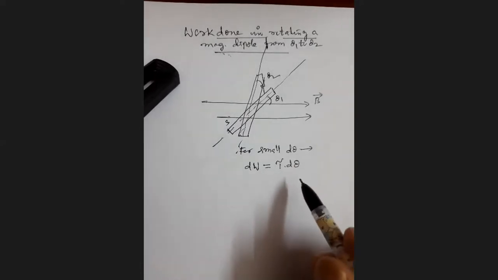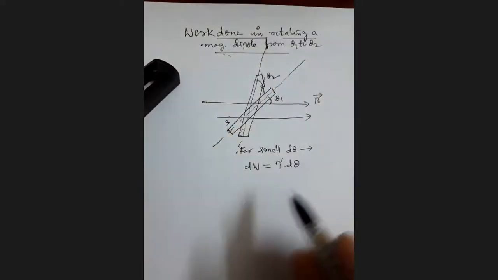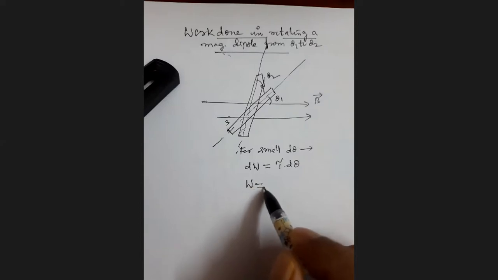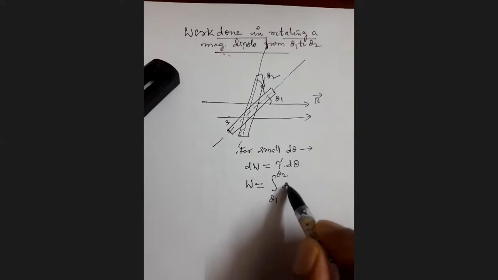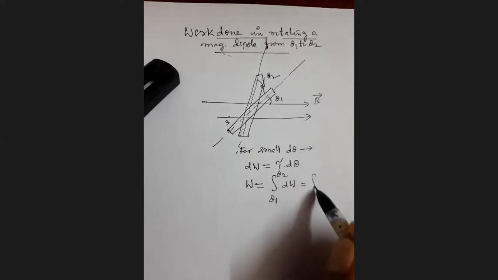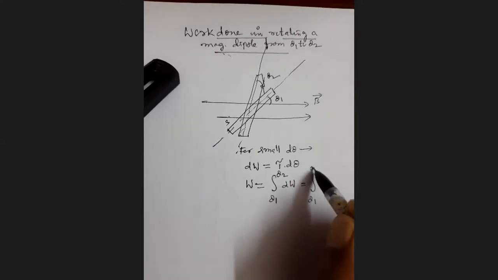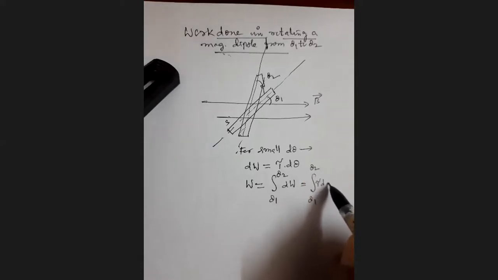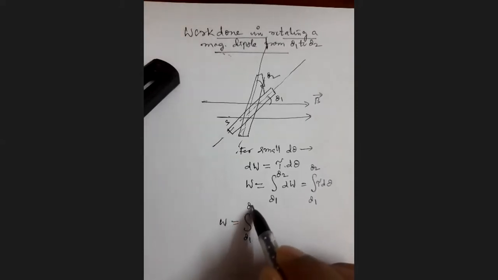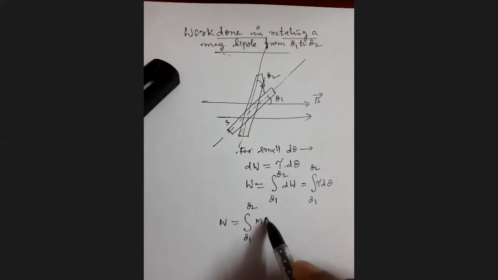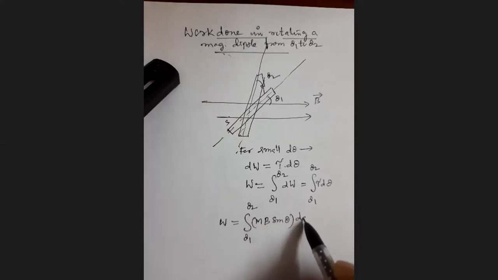But here we are rotating the magnetic dipole from theta 1 position to theta 2 position. Therefore, the total work done is given by integral theta 1 to theta 2 dW, that is integral theta 1 to theta 2 tau into d theta, right? So W equals integral theta 1 to theta 2, but the torque acting on the dipole is mB sine theta, into d theta.